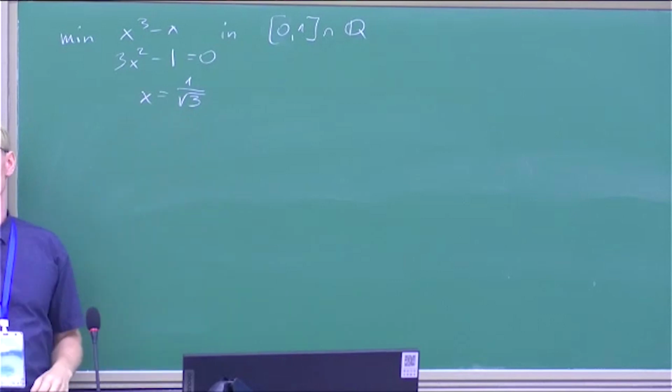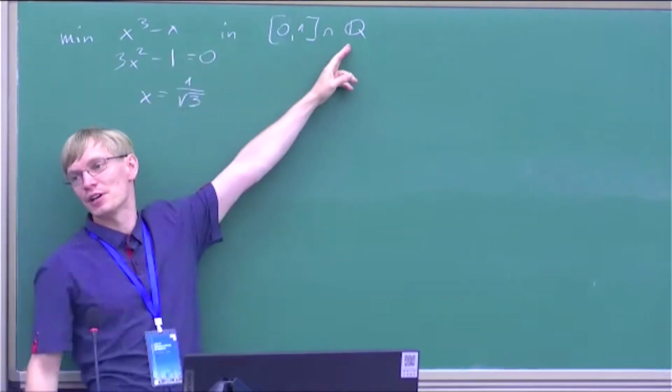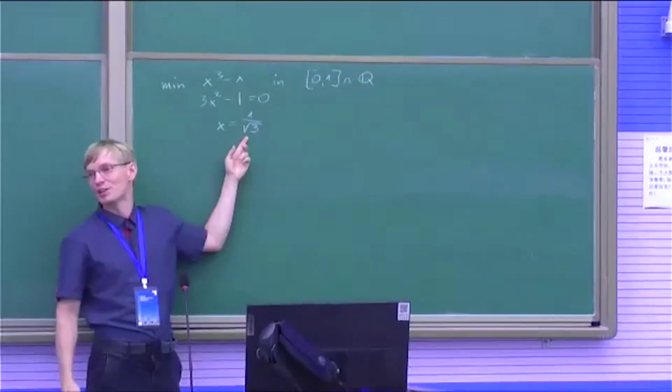And going back to my original question for rationals, you would say that the minimum is achieved by a sequence of rationals which are tending to this number. Right? You understand?